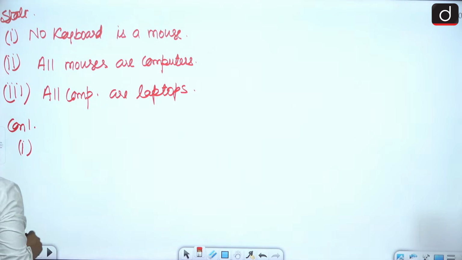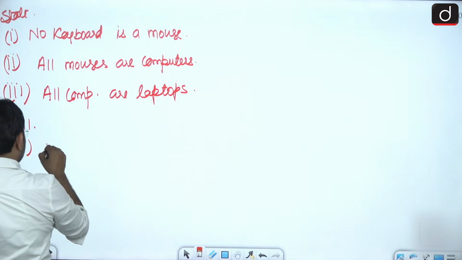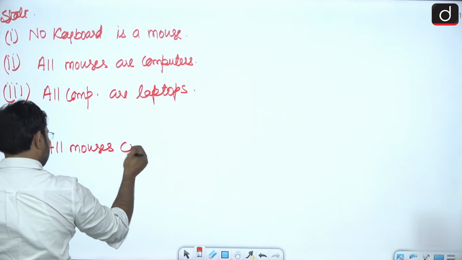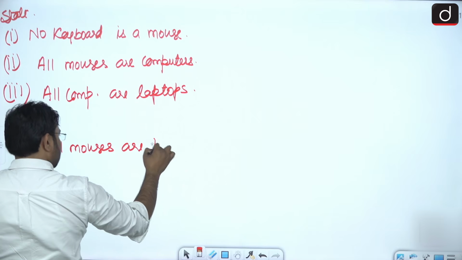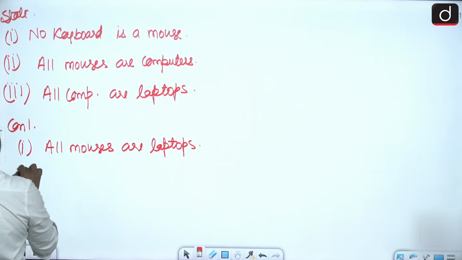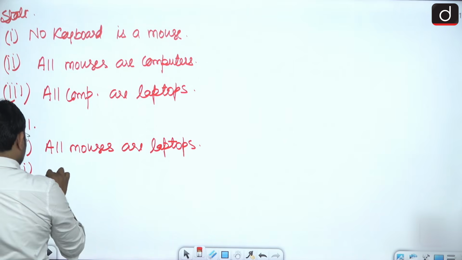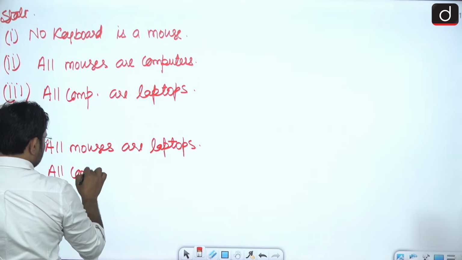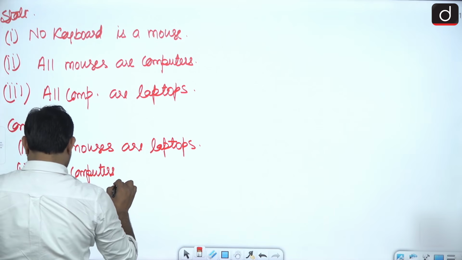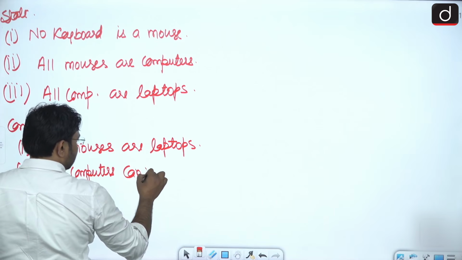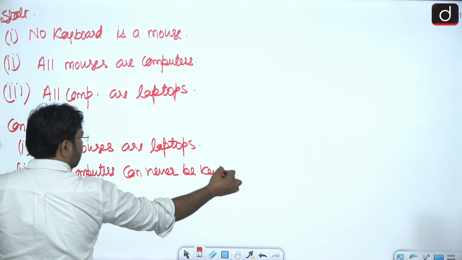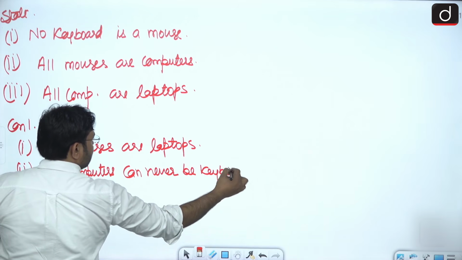First conclusion is all mouses are laptops. Second one is all computers can never be keyboards.